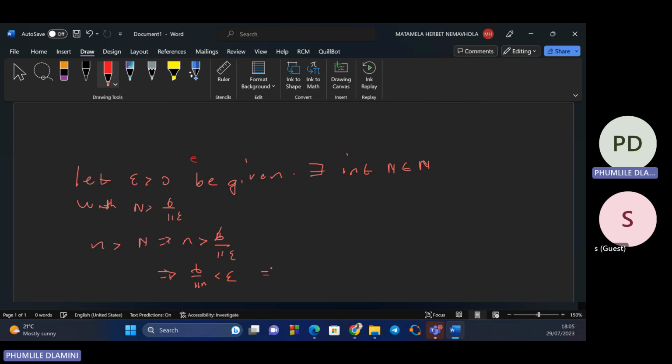And this will imply that the absolute value of 4n squared minus 3n over 2n squared plus 4 minus 2 is less than epsilon.